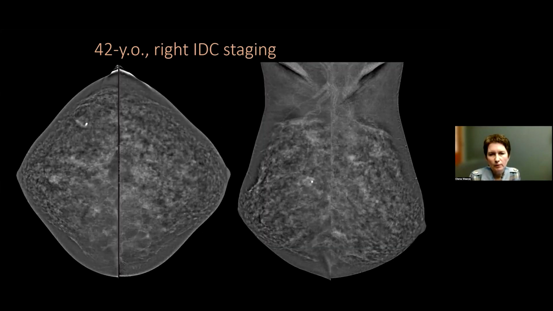When we do CEM, the recombined images do demonstrate a mass in the right outer breast. So that's our known cancer. It's an enhancing mass, but she just happened to have at least moderate background parenchymal enhancement, moderate to marked.